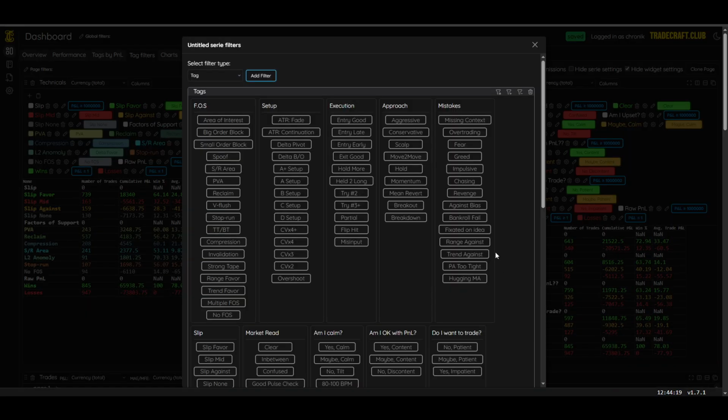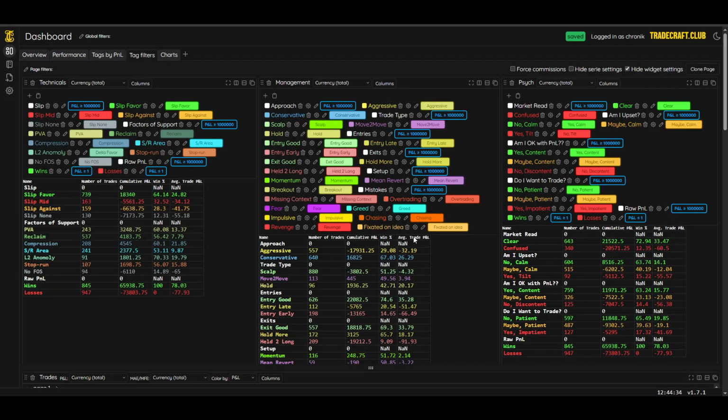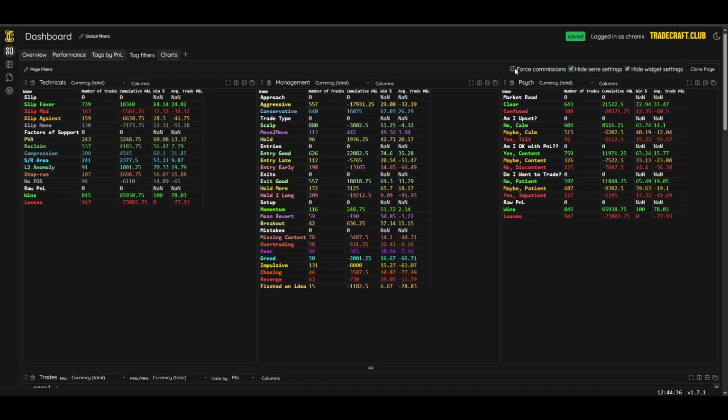Retries or management fixated on an idea will probably be psychological. Some of my management tags can get retired, so I'm going to just drag the group here for now.